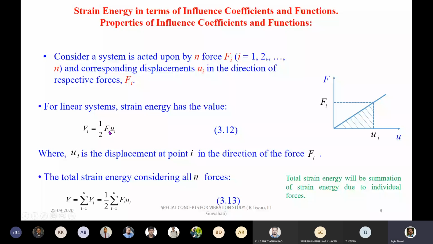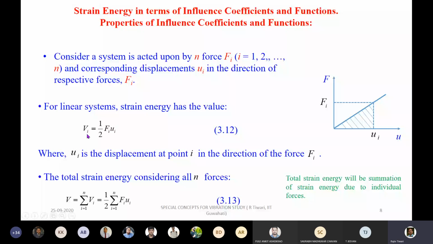Now, because we have so many forces acting, if we define displacement at each of the locations where the force is acting, and in the respective force direction, then like i we can change to 1 or 2 or 3.